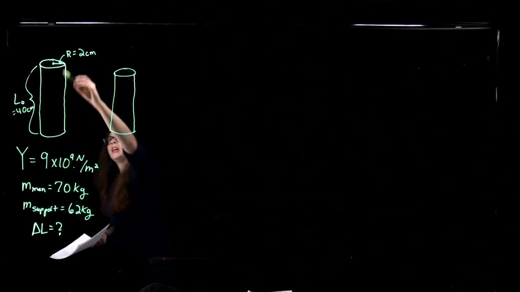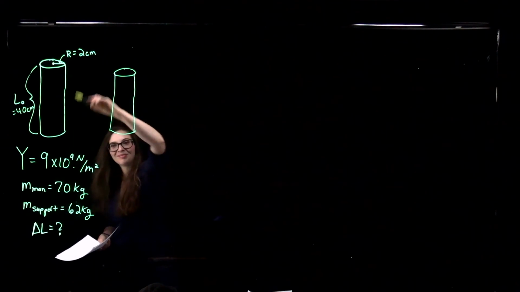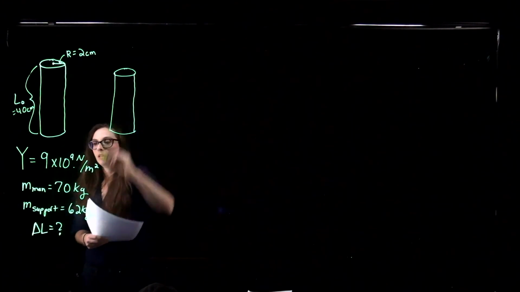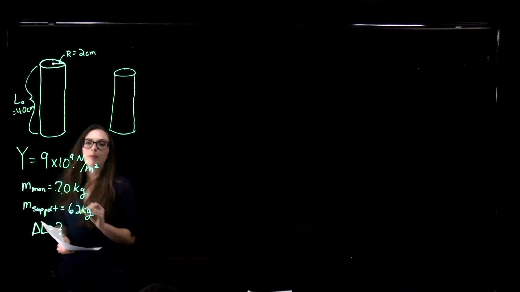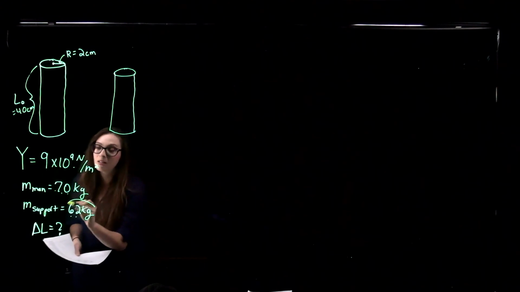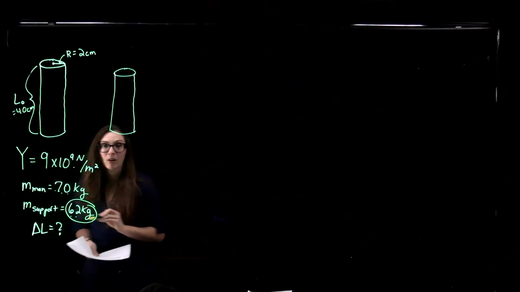So here's our original leg bone, 40 centimeters long, a radius of 2 centimeters, and even though the total mass of the man is 70 kilograms, he's only supporting 62 kilograms, so this is the mass that we care about.